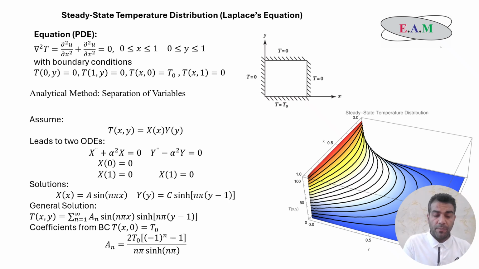Three of the boundary conditions are automatically satisfied by the solution structure. The remaining boundary condition on the bottom edge, T(x,0), is used to calculate the coefficient a_n. The final solution is expressed as an infinite series of eigenfunctions, each scaled by these coefficients.